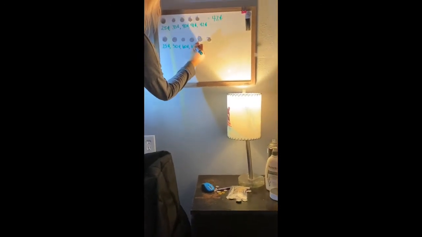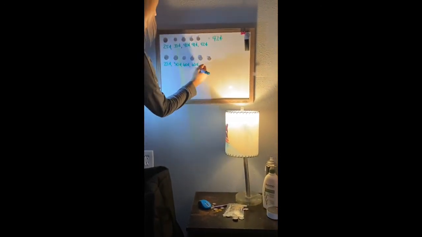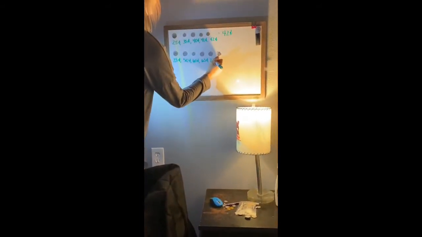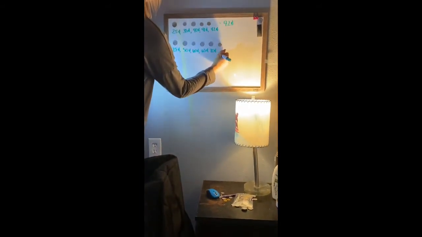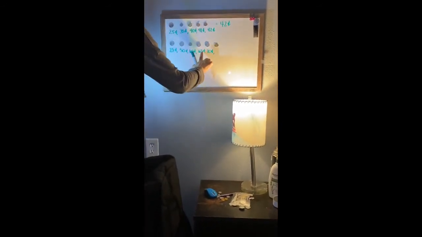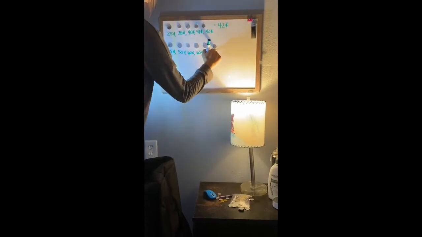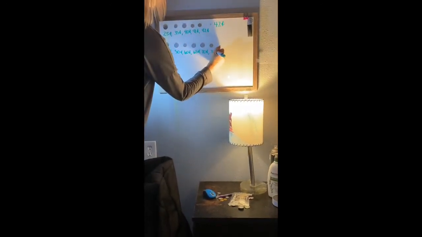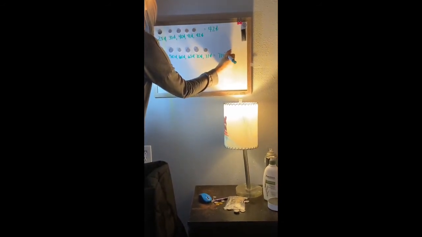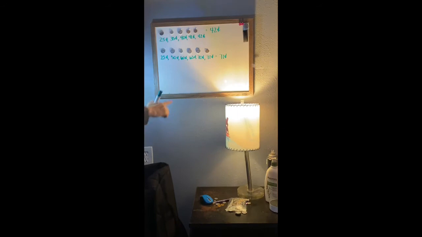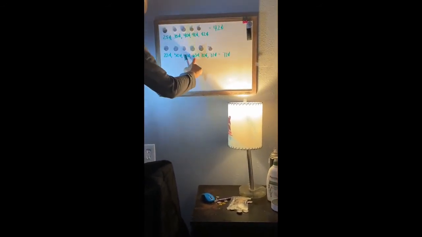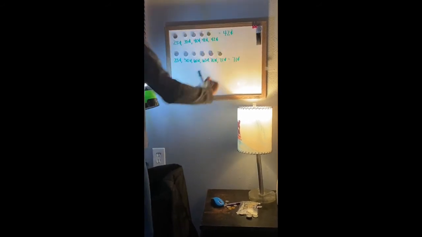Gotta add 5 more. Then I have another nickel, 70. Still having my commas, still having my cent symbol. And then I just have 1 penny, 71 cents. So my total value for this group of coins is 71 cents. 25, 50, 60, 65, 70, 71.